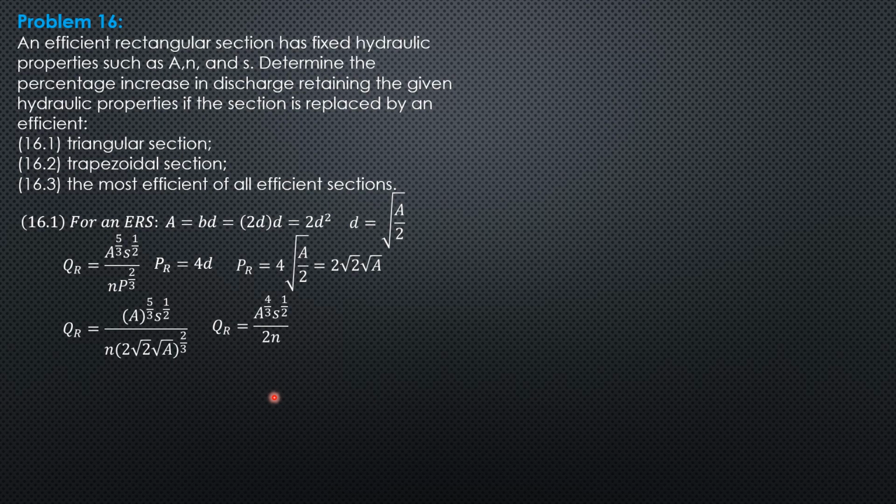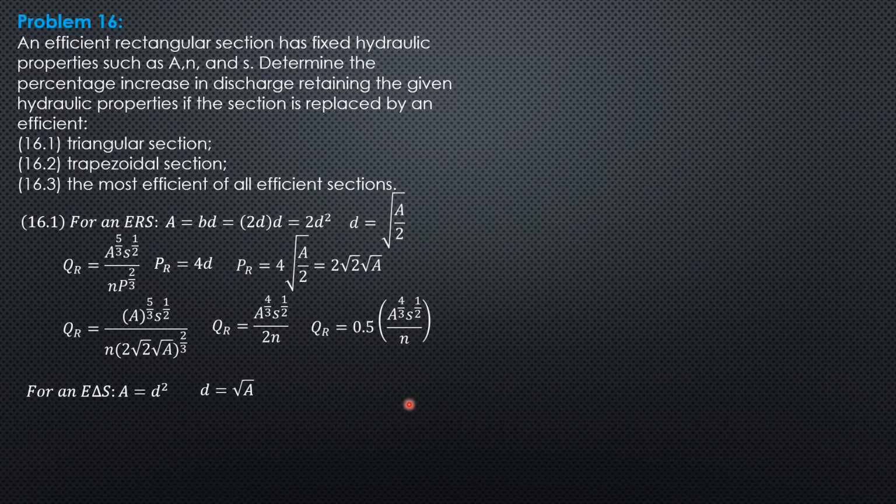For an efficient triangular section, remember the apex angle is 90 degrees, the top width is 2D, the depth is D, so the perimeter is 2D square root of 2. So Q rectangle is 1/2 or 0.5 of area to the 4/3 S to the 1/2 over N. For an efficient triangular section, the area is D square, 1/2 of 2D times D, remember the proportion.